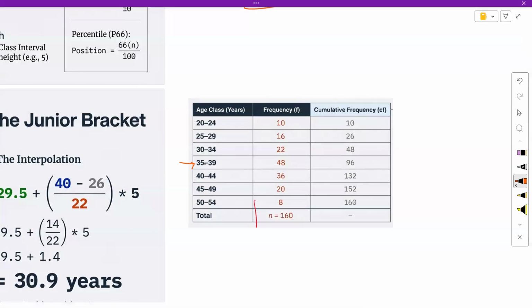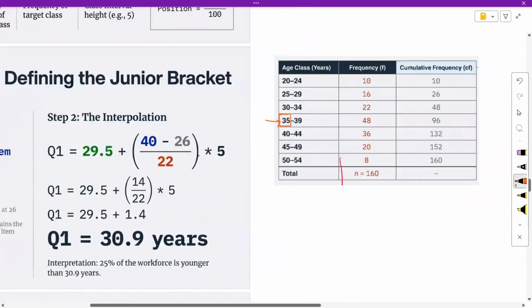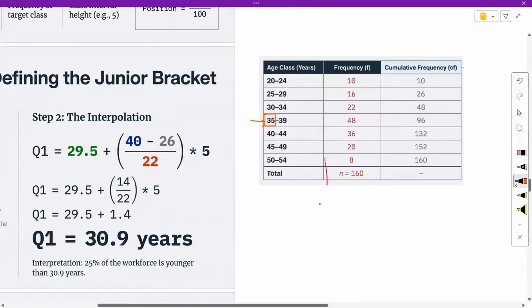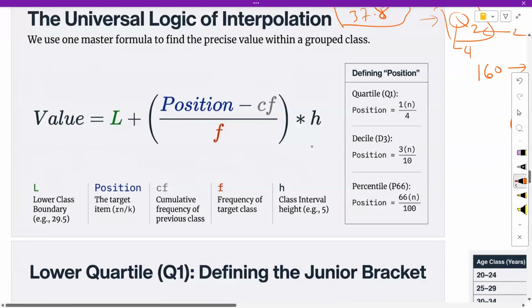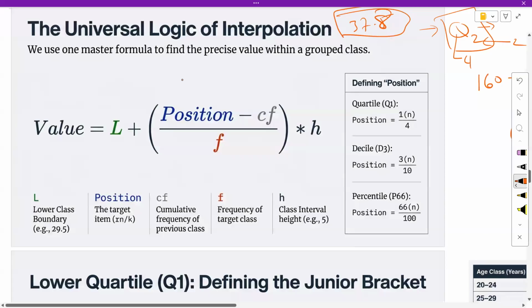Now, according to the formula, what's the lower boundary of that class? 34.5, right? Plus the position. Position is simple: for the quartile, Q is 4 and the number of observations is 160, into 2.